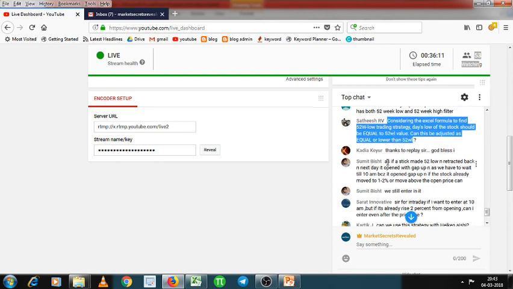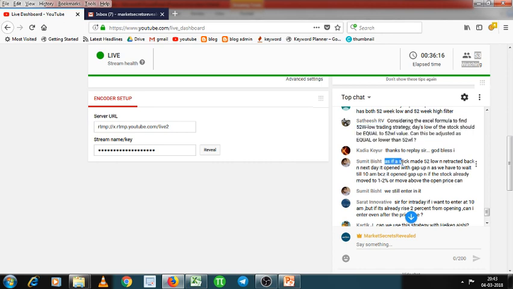The next item is from Sumit. Let me read it out. If a stock made a 52-week low and retraced back, and the next day it opened gap up, do we have to wait till 10 a.m.? To rephrase this question: if a stock has made a 52-week low and has retraced 1% in the same day, it would have been filtered into our list of stocks to trade for the next day.